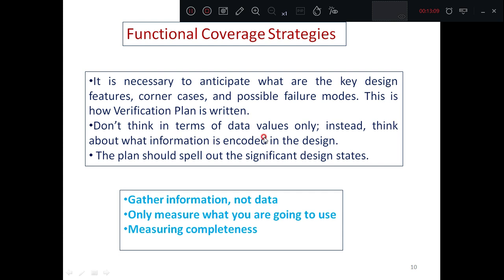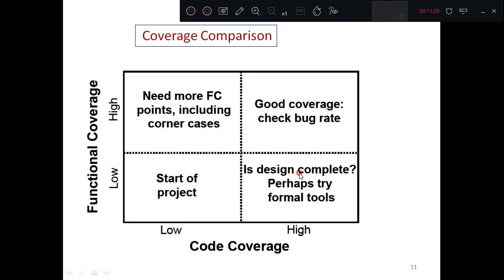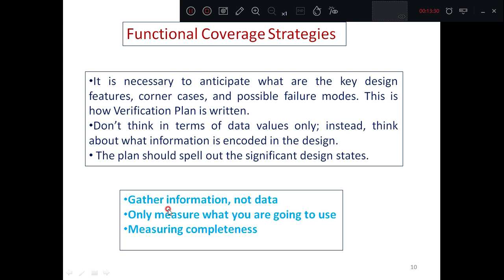Don't think in terms of data values only. Instead, think about what information is encoded in the design. That is very important. The plan should spell out the significant design states. So the functional coverage strategies include: gather information, not data; only measure what you are going to use; and measure completeness.